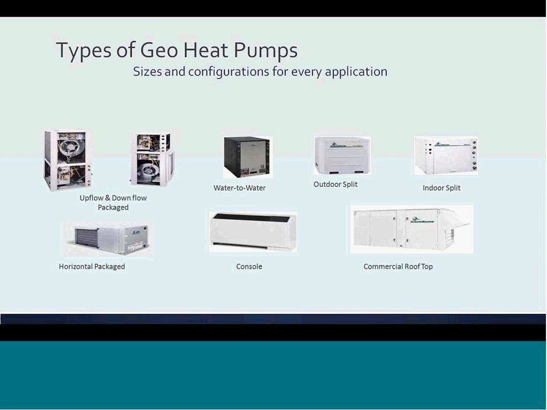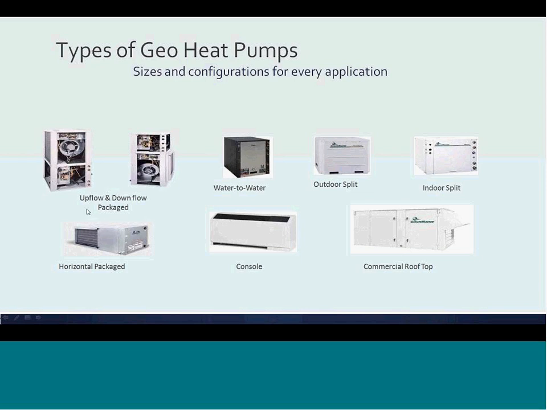We'll see here there are many different types and sizes of geo heat pumps. Just like conventional HVAC system equipment, it is very important to apply the correct equipment to the correct application. On this example of equipment, you'll see split equipment, which would replace a more common air source heat pump, air handler configuration in a home, office, or classroom.